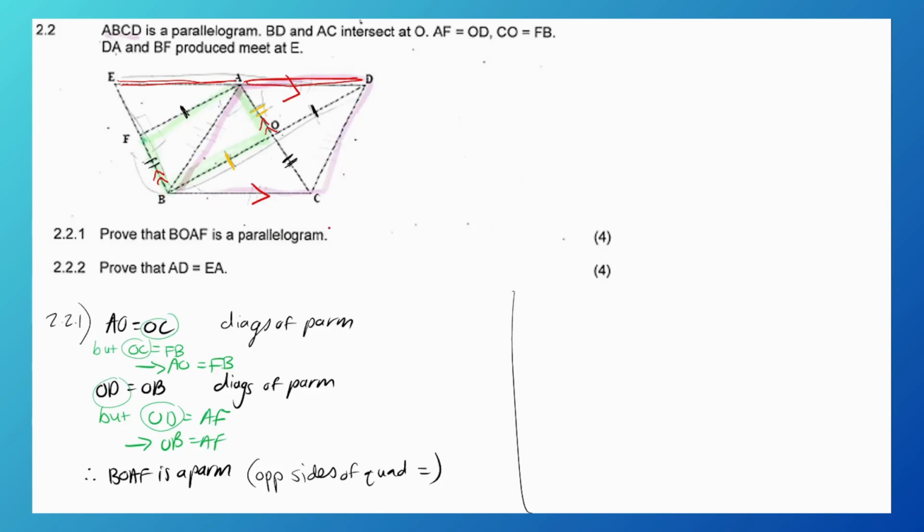Now that was a lot of words, so let's go write it down. Firstly, AD is parallel to BC, opposite sides of a parallelogram. Similarly, FB is parallel to AO, same reason.